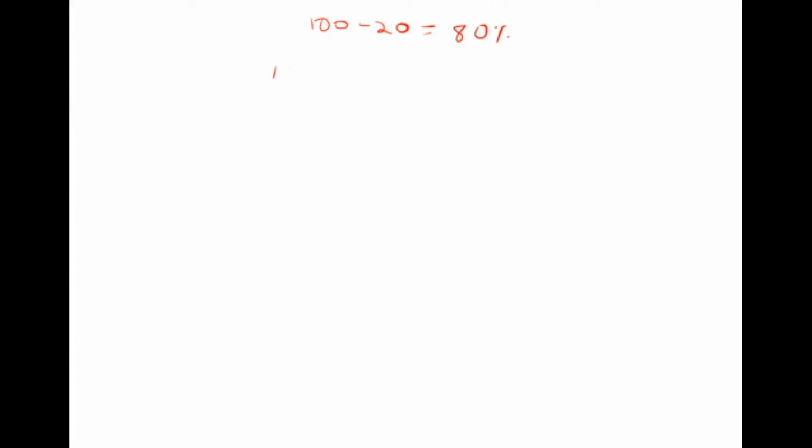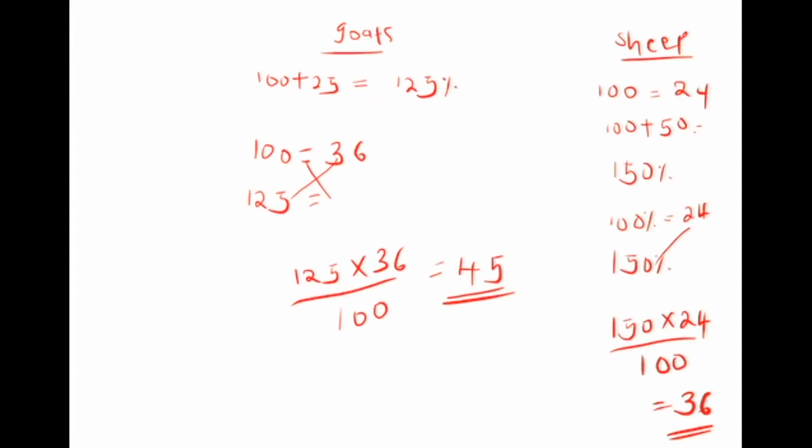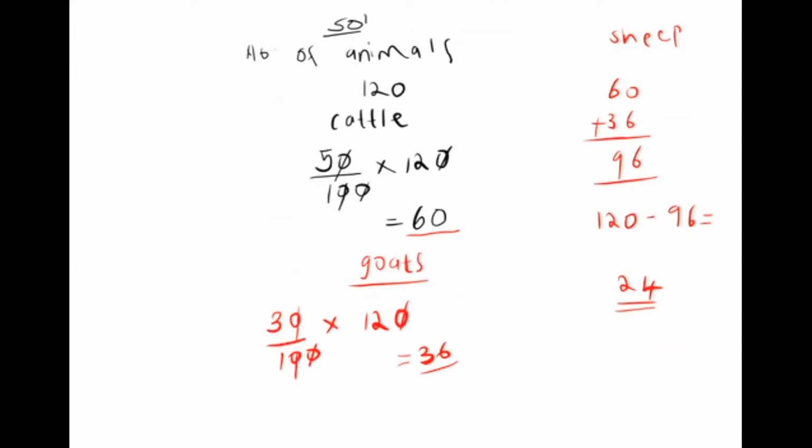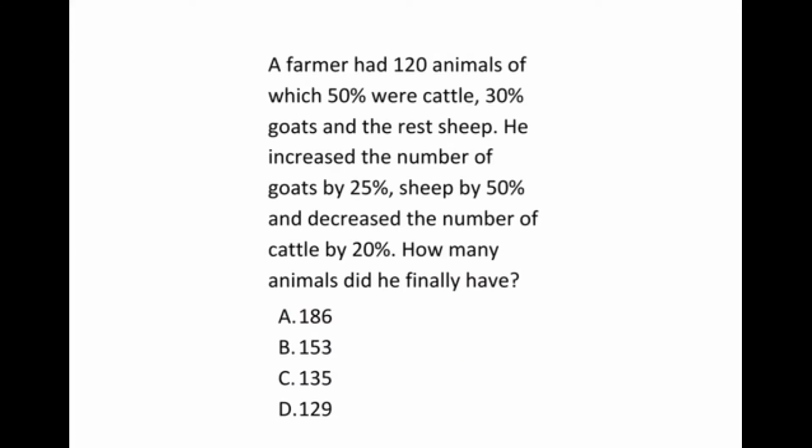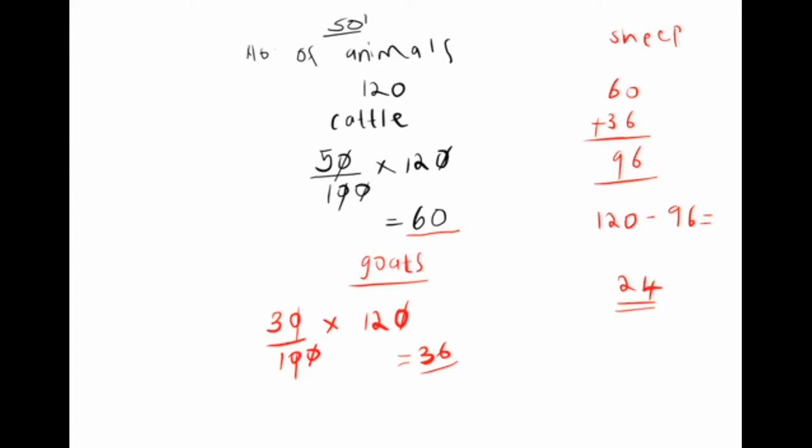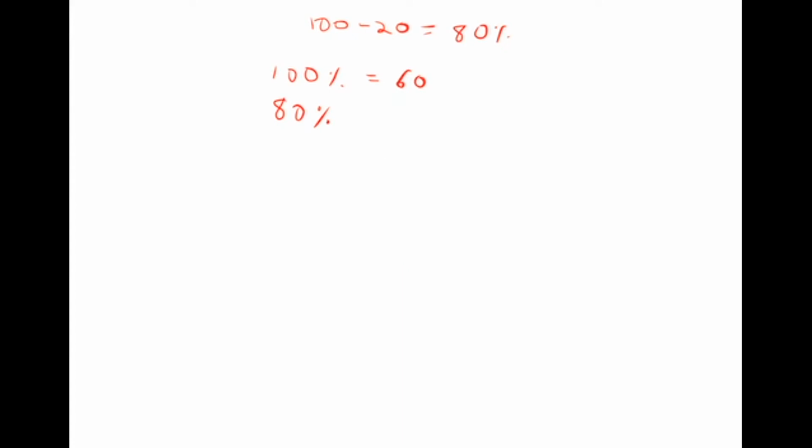If 100% is equivalent to 60, we found that the number of cattle was 60, what about these 80%?